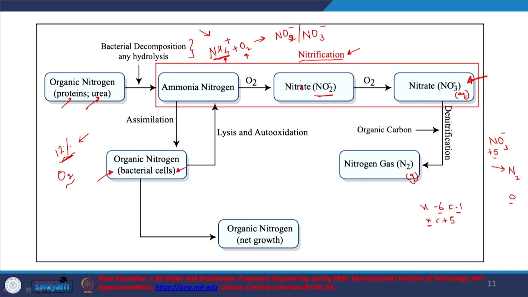So the oxidation state of nitrogen in NO3 minus is plus 5. From plus 5 it is going to N2, so it is being reduced.